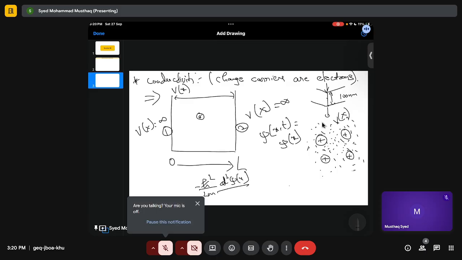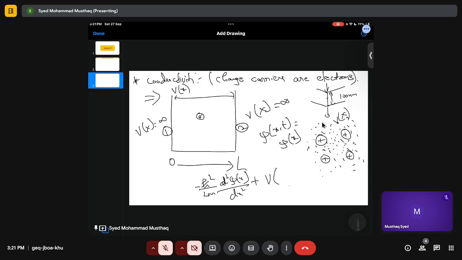It doesn't depend upon time, it is totally independent of time. dx squared, plus, this is the kinetic energy part, and this one is the potential energy part, equals the total energy. It's as simple as that.